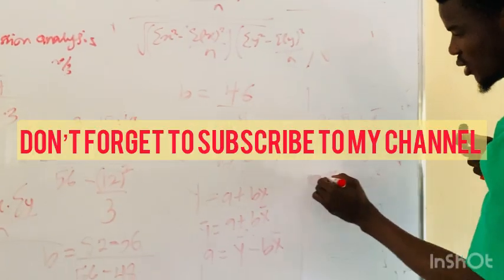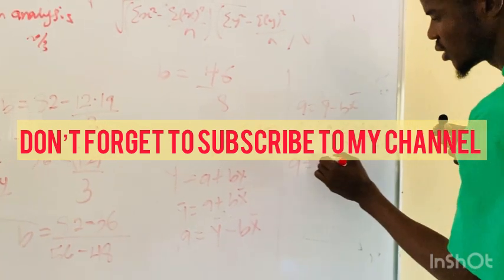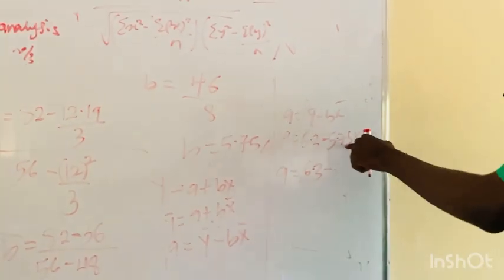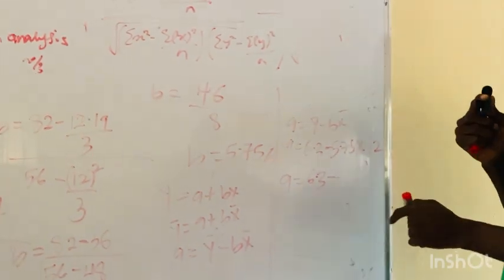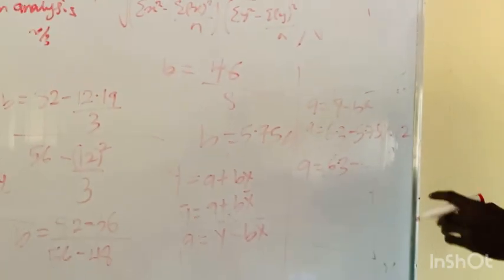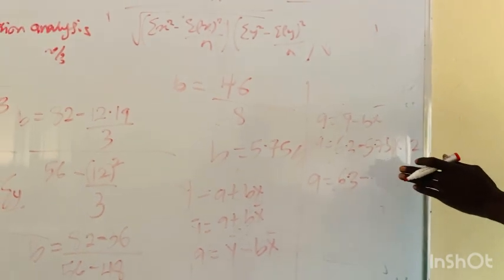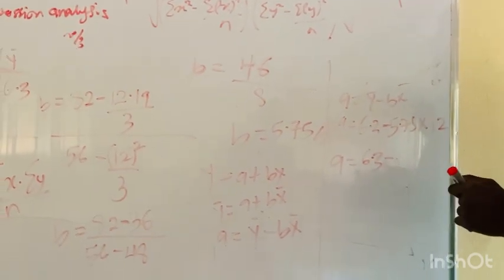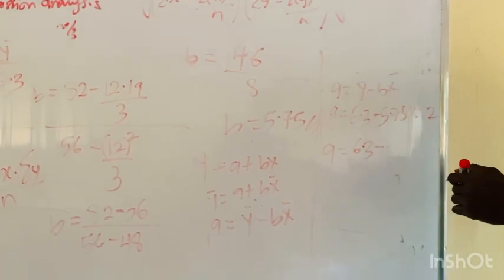So our a is going to be 6.3 minus 5.75 multiplied by 12.